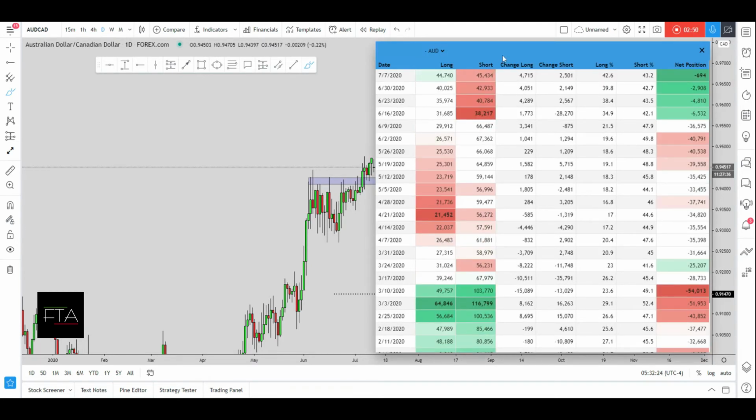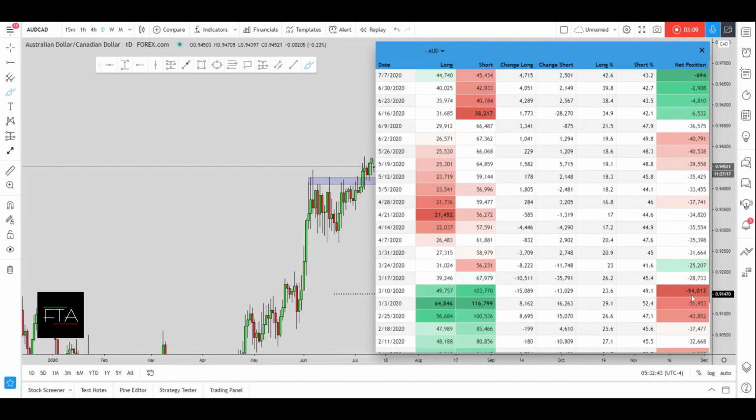Commitment of traders: what the biggest banks and institutions are currently doing on the AUD and on the CAD, to gain insight on how they are positioned. Now on the AUD, we can see that we had a clear shift from a negative positioning to almost a positive positioning.